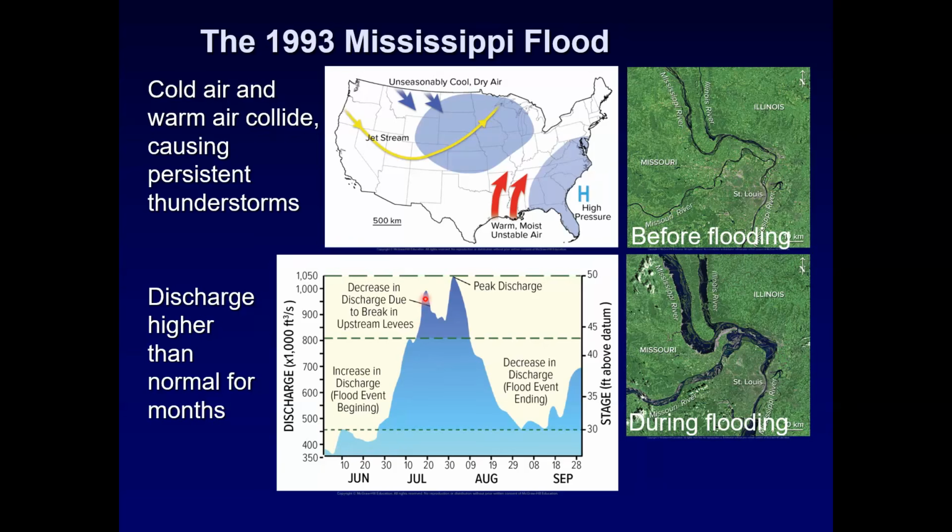And it peaked here, but there were upstream levee breaks, which provided for the discharge to go down for a little bit, but then peak again, because it's like the water went elsewhere for a little bit onto the floodplain where we don't quite want it, right? And then as the flood event was ending, we see an overall decrease in discharge and an increase up through September again.